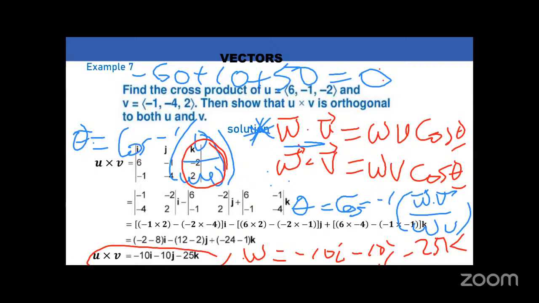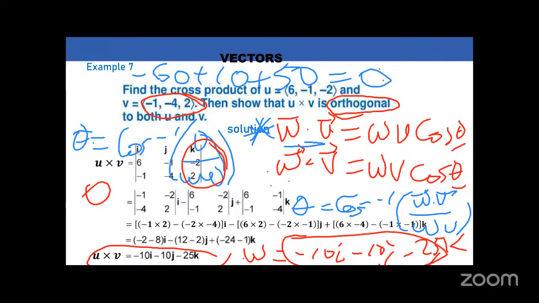So second function of cos 0 is 90, which means that W and U are orthogonal. If you apply the same method, multiply V and W together and simplify, you will also get 0 at the numerator.